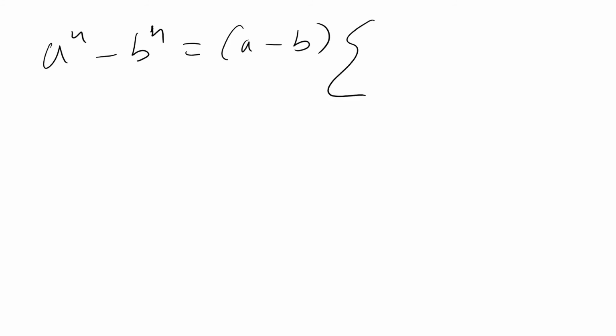And the second one is about this summation. We give you a^n minus b^n equal to (a minus b) times the summation of k equal to 0 up to n minus 1 of a^(n-1-k) times b^k.